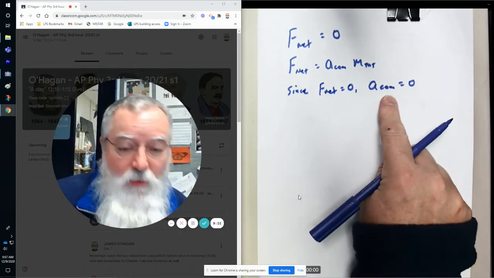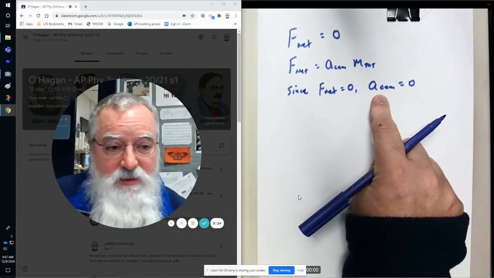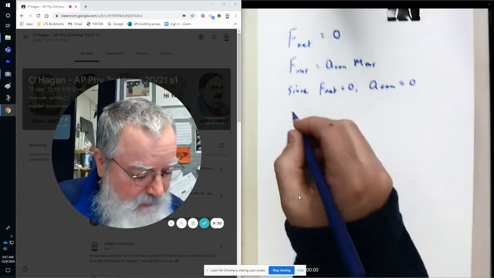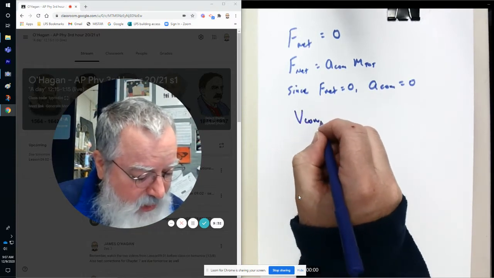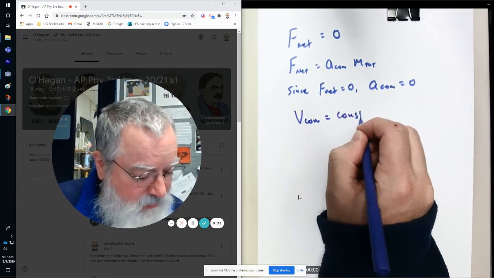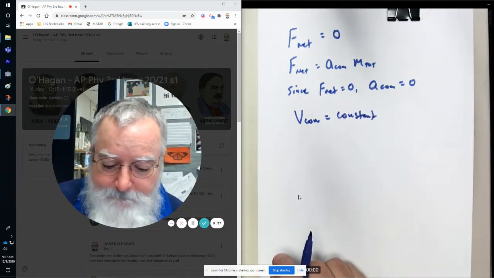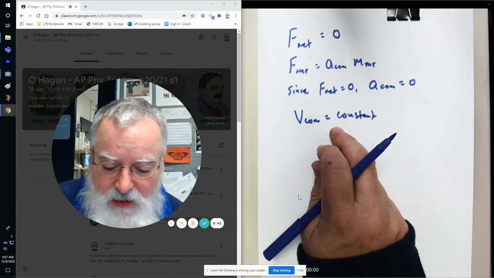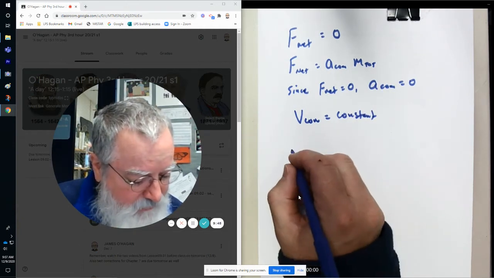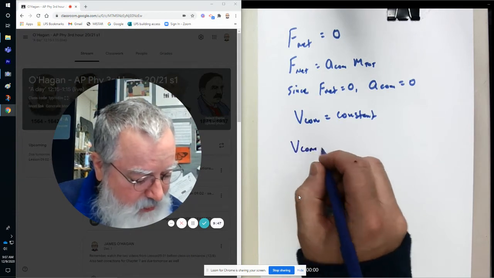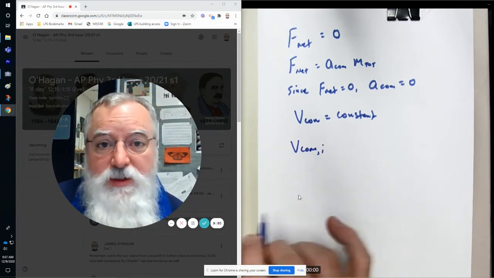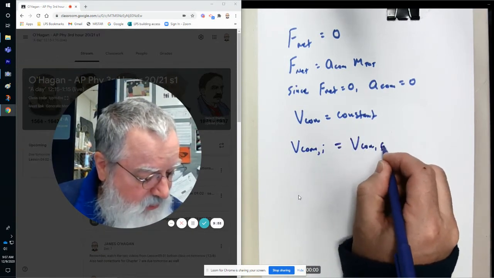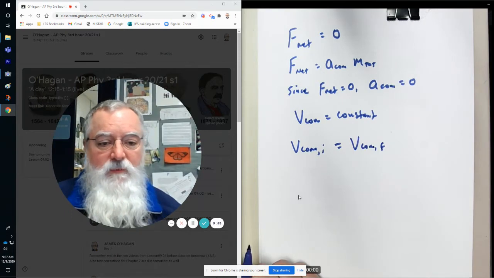So for a closed system, the center of mass acceleration is 0, which means velocity of the center of mass is equal to a constant. That's an important deal. If the velocity of the center of mass is constant, then we can say velocity of the center of mass initially, before something happens, equals velocity of the center of mass finally.